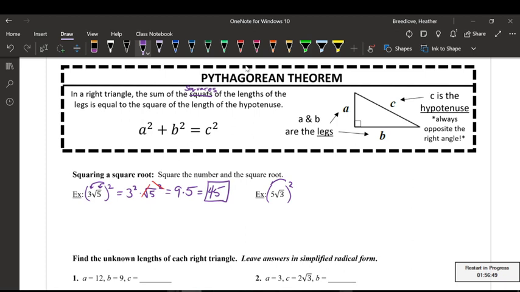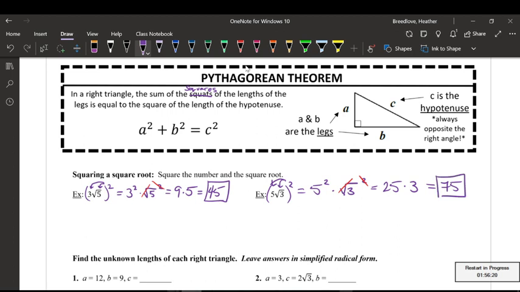We square both pieces, the 5 and the square root of 3. So it's 5 squared times the square root of 3 squared. Anytime you have a radical squared, they cancel each other out. So this is 25 times 3, so it is 75.